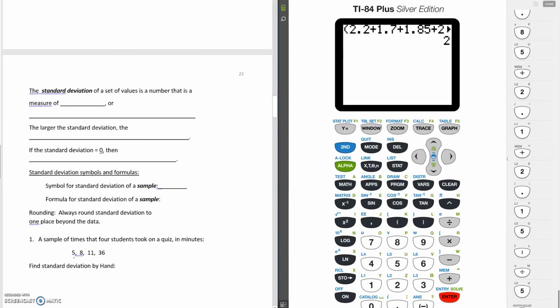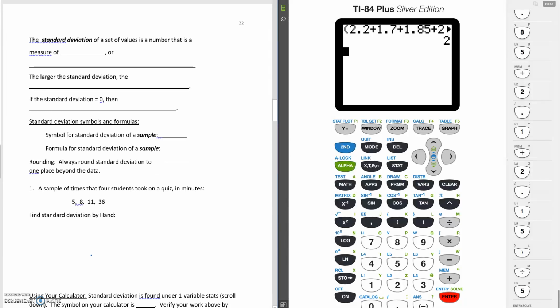So we're going to talk about standard deviation. Standard deviation, for a set of values, is a number that measures what we call spread, or how far on average is each data value from the mean.